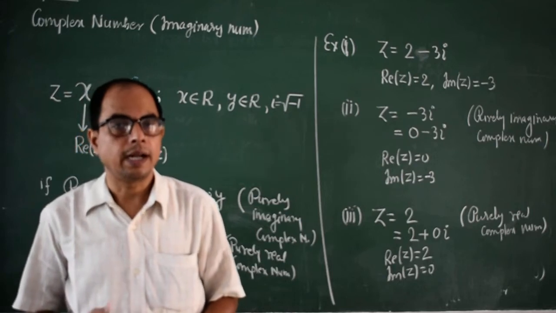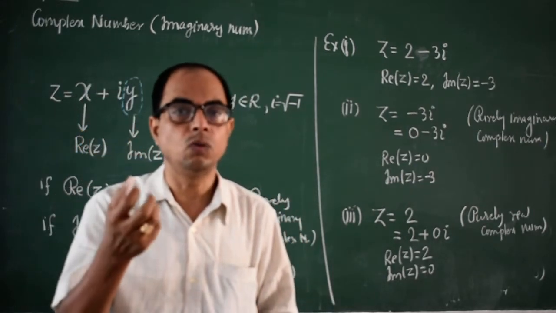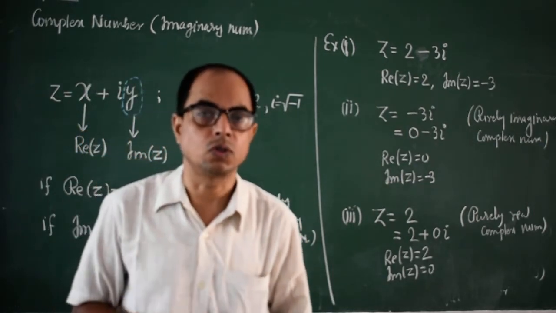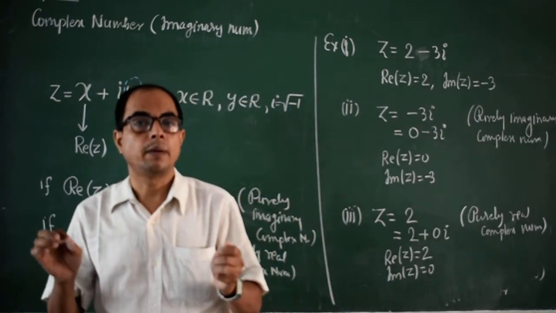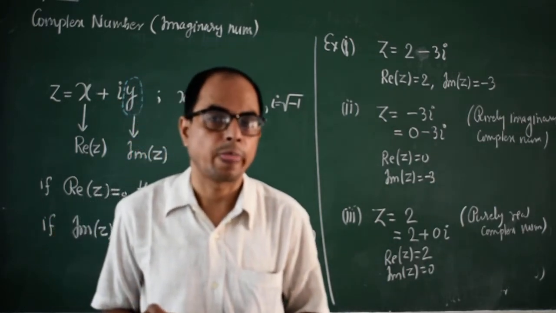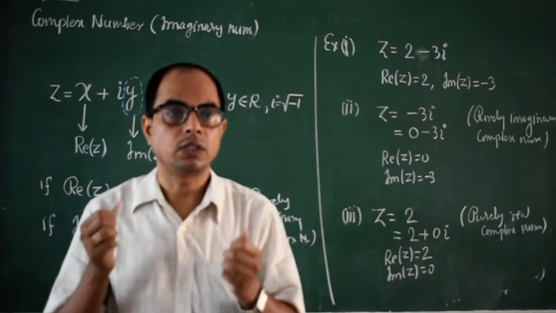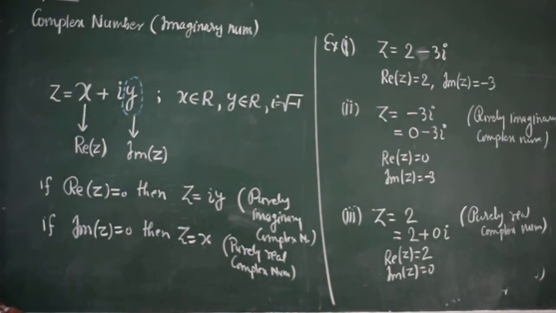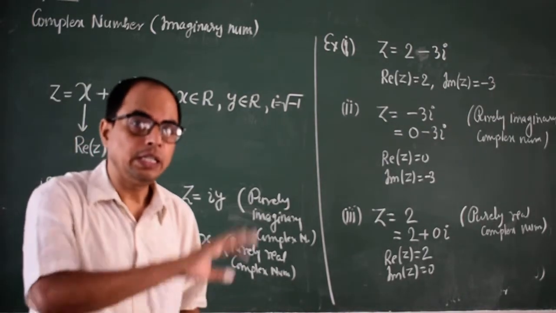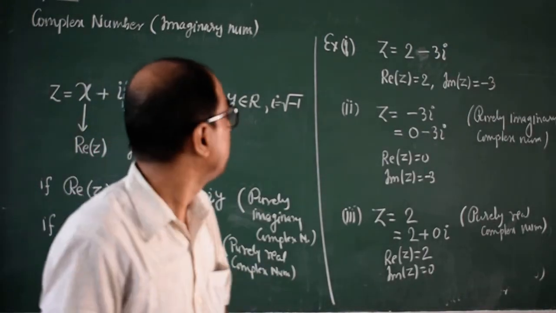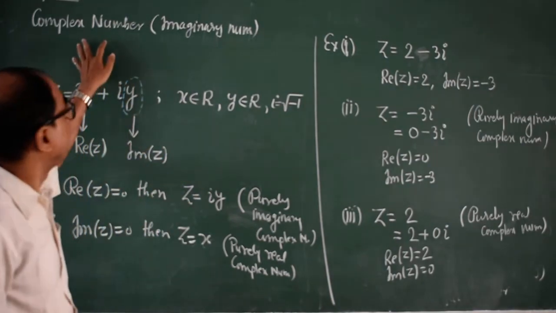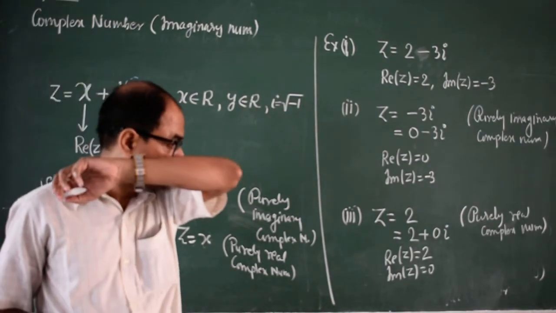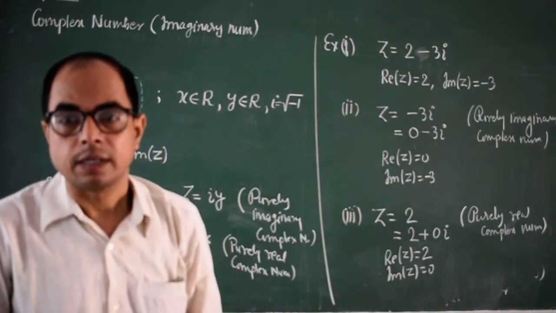So we can say that the set of complex numbers includes the set of real numbers also. So the complex number is the biggest set of numbers, which includes the set of real numbers also. Clear? So we can do each type of calculation here in the set of complex numbers, and that is what is the complete set of numbers.